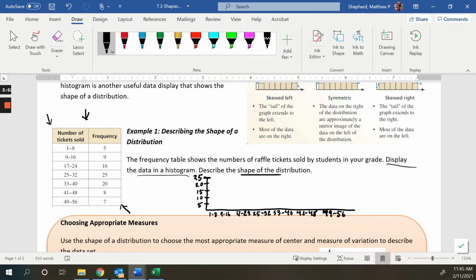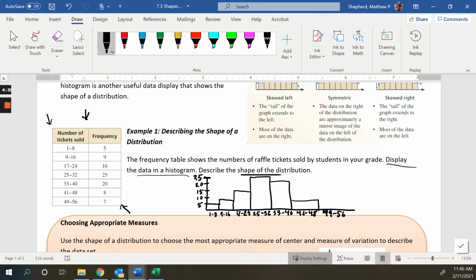Okay, now all we need to do is put in our bars. So for the 1 through 8, it should be as high as 5. And there's our bar. For 9 through 16, almost up to 10, but not quite, so just there at 9. 17 through 24 should be up at 16, so just a little bit past the 15. 25 through 32 should be all the way up at 25, so right to the top. 33 through 40 would just be at the 20. 41 through 48, sorry, would be up at the 8.